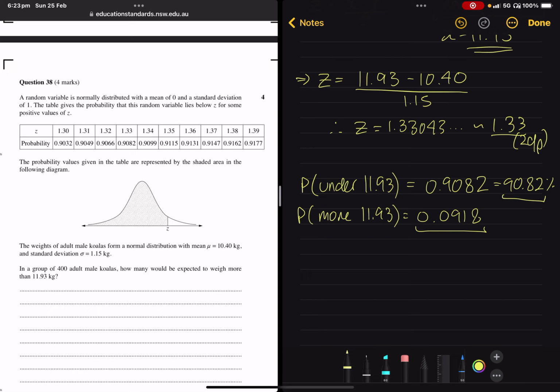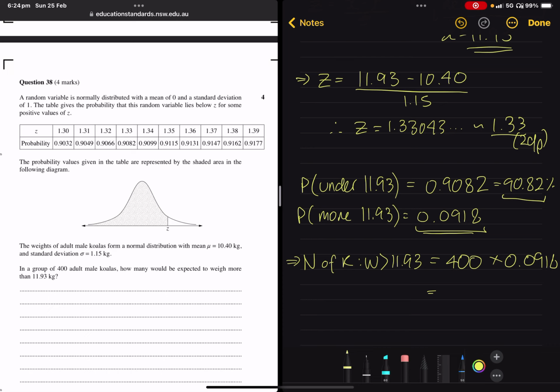The number of koalas which have weight greater than 11.93 is therefore equal to the number of koalas in the sample multiplied by the probability, 0.0918. So it's going to be about 10%.